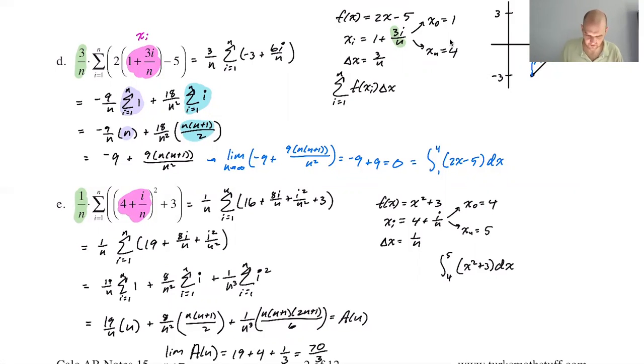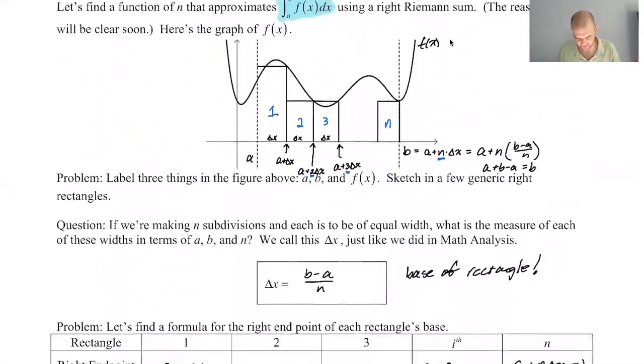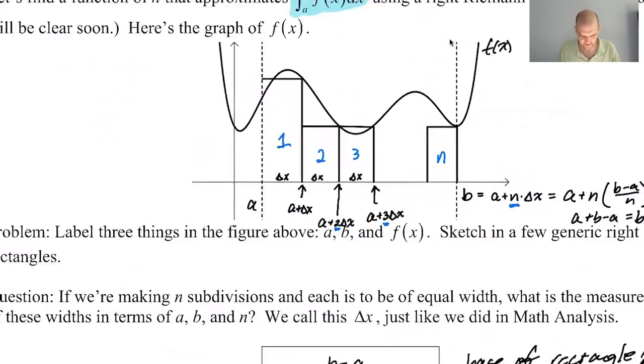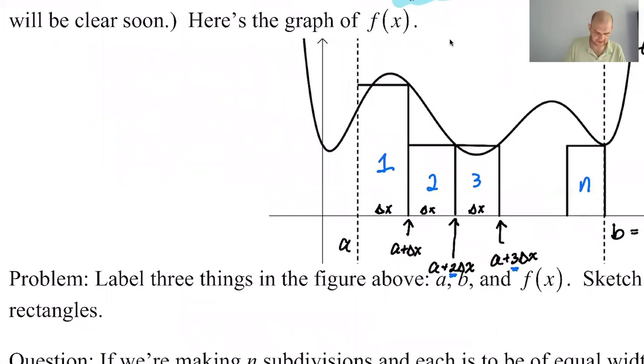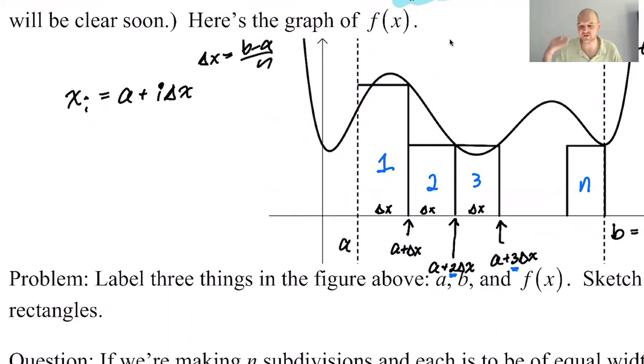So let me actually go back. That brings up a good point. If I say that x sub i is a plus i delta x, and that delta x is b minus a over n, the more you write that, the better off you are. Just keep writing them over and over, and eventually they're a part of you.